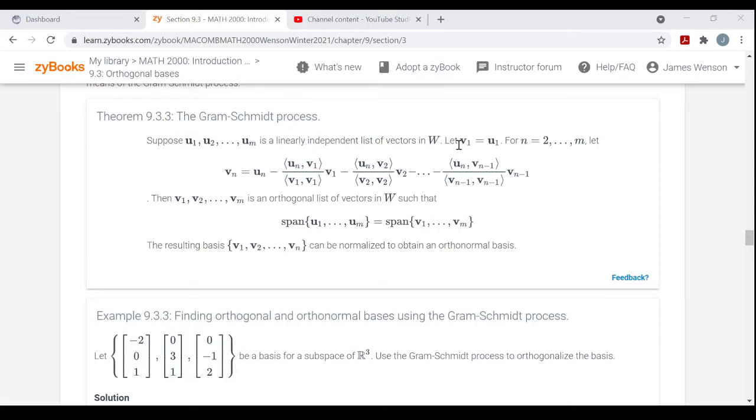Now here's how you construct an orthogonal basis from this original basis. You're going to start with a vector v1. Just simply have v1 be the first vector in your original basis. The way this is constructed really depends on what order you put your original basis vectors in.